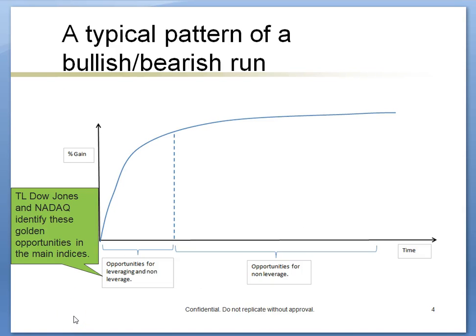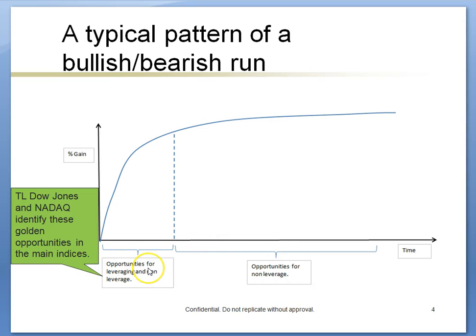Here is my observation of a preferred bullish run in major indices. The event is like opening a new oil reservoir. When the reservoir pressure is strong, the oil will gush out when there's an opening. Basically, in this situation, there are two phases, the acceleration phase and the taper phase. The strategies are different for each phase to achieve more gain.